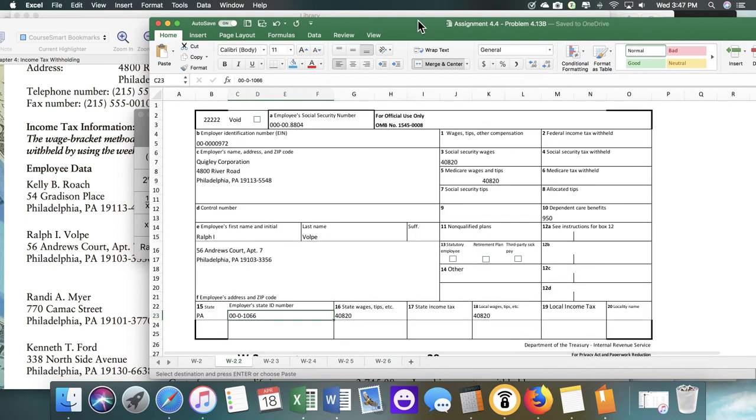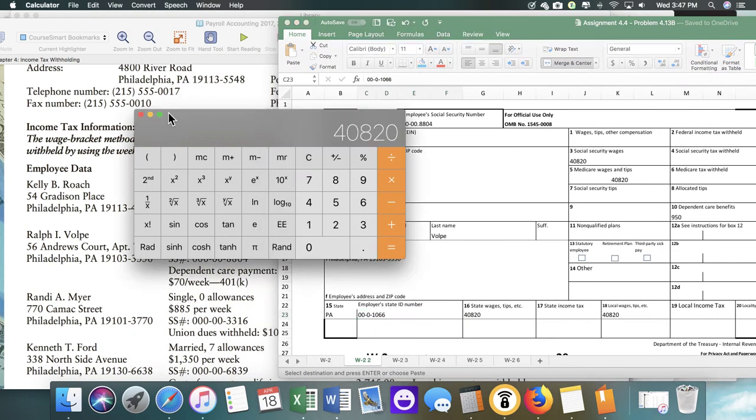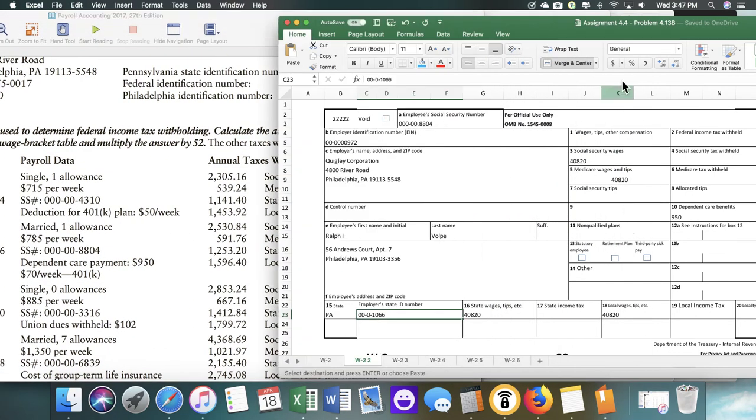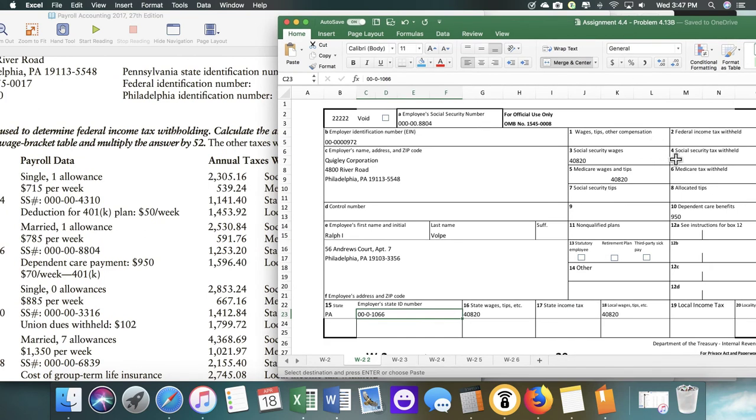Okay, and so now we're going to enter in his tax amount. So his Social Security tax withheld.